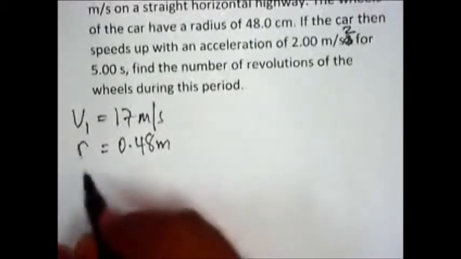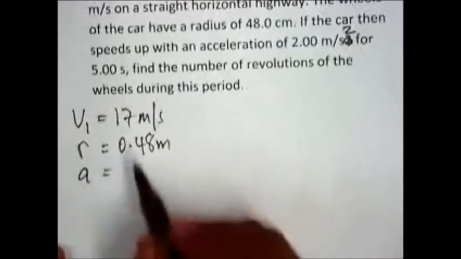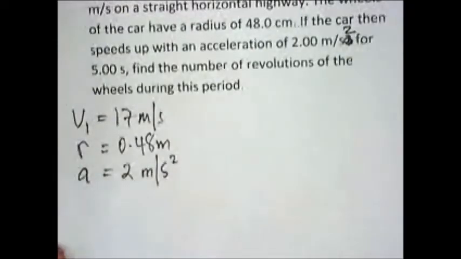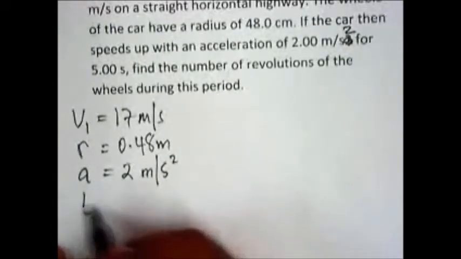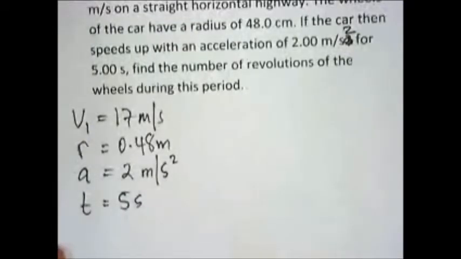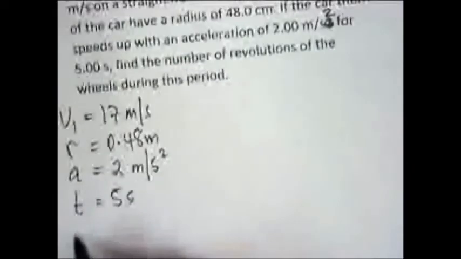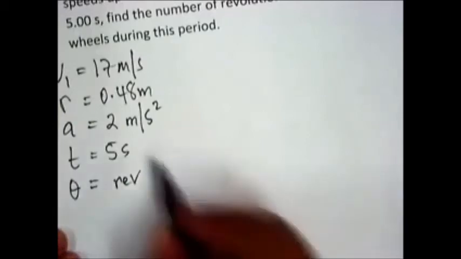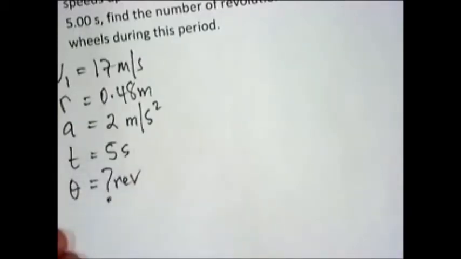With the acceleration, again it's linear acceleration because it says 2 meters per second squared, for a time of 5 seconds. Find the number of revolutions of the wheel during this period. So you have to find what your theta is equal to in revolutions.